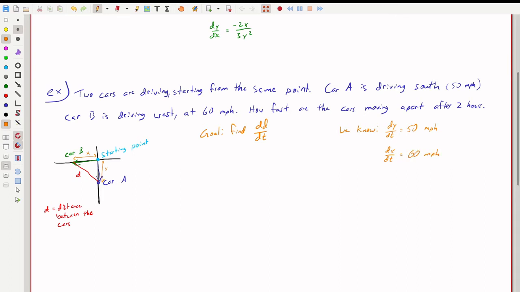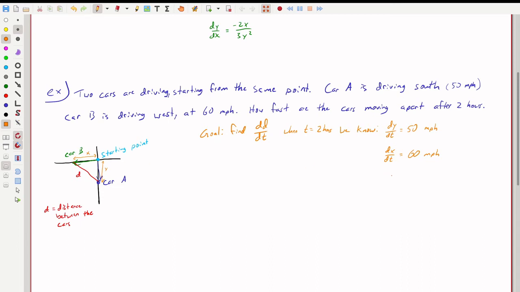Notice that y is increasing over time, x is increasing over time, so I want to make sure that these derivatives are both positive numbers. All right, I want to find dd/dt, and I want to find that when my time t is 2 hours. Well, after 2 hours, I can figure out distances for x and y.